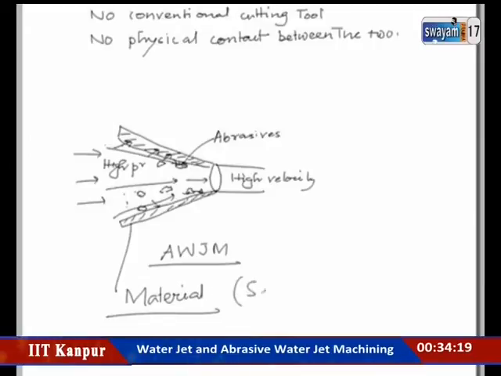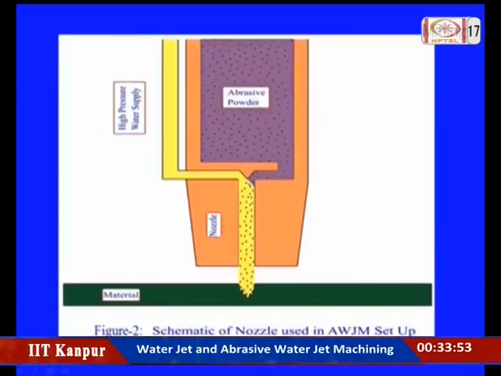Generally sapphires are used, which are considered a very good material as far as nozzles are concerned. Therefore, a high wear resistant material such as synthetic sapphire is used for nozzles, as I have already told, and a picture is there on the screen also.